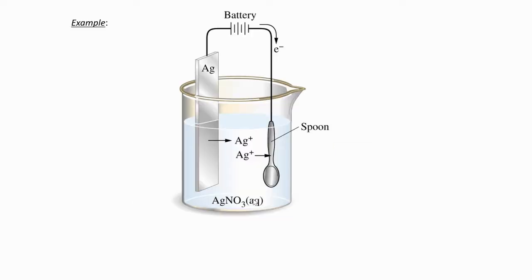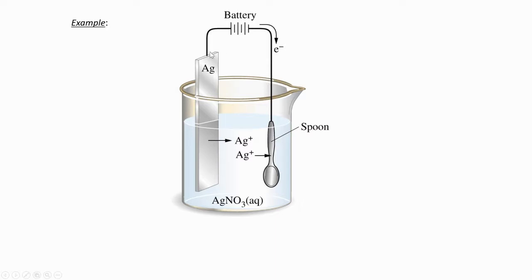All right. So let's do another example. So we want to coat this spoon. Maybe it's an iron spoon or something like that, and we want to coat it with silver. So basically, we're going to hook it up to the negative terminal, right? Putting it on the negative terminal is going to force electrons into it.